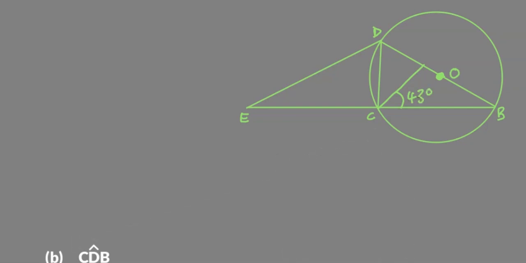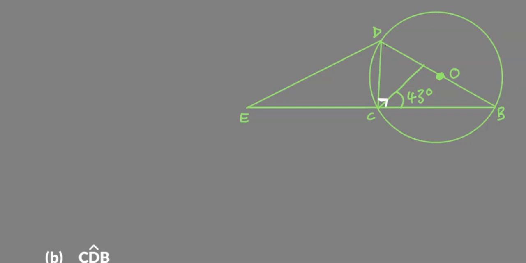And now, since DB is passing through the center, it's very true that the angle at C here is 90 degrees. Because the angle at C here is 90 degrees, and remember the question told us that BCE is a straight line, therefore the angle here is going to be equal to 180. Because there's a 90 here, there's also going to be a 90 on this other side.